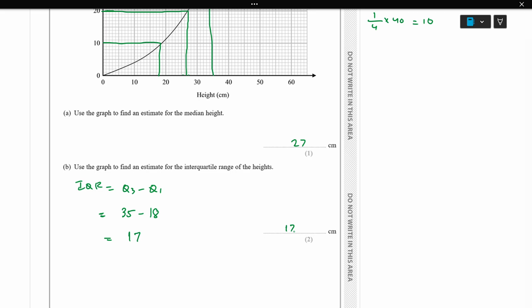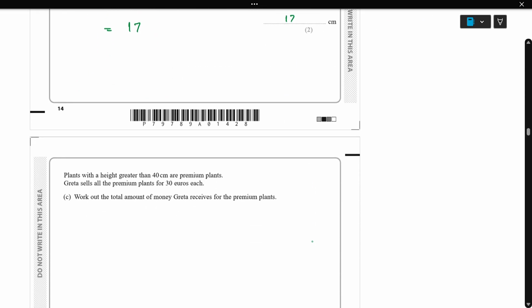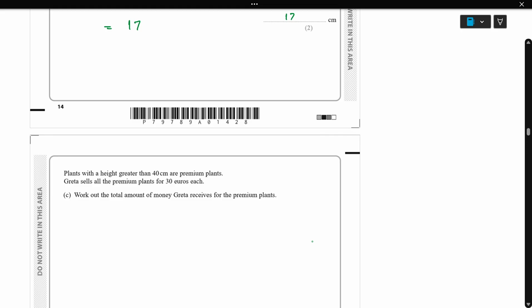Next, plants with a height greater than 40 cm are premium plants. Garden centre sells the plants at 30 euros each. Work out the total amount.